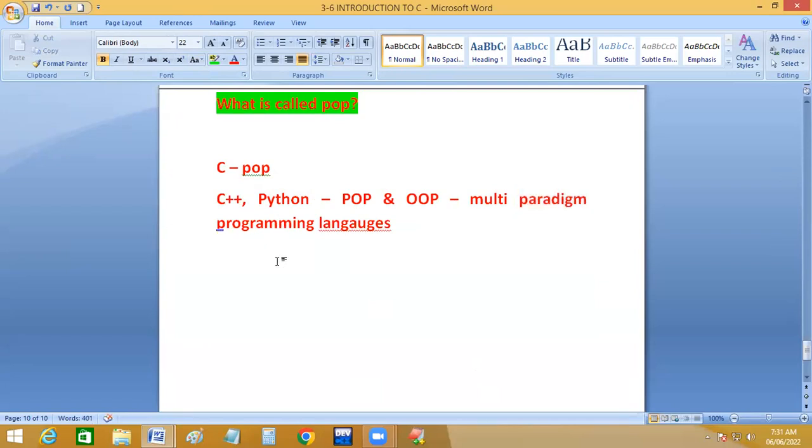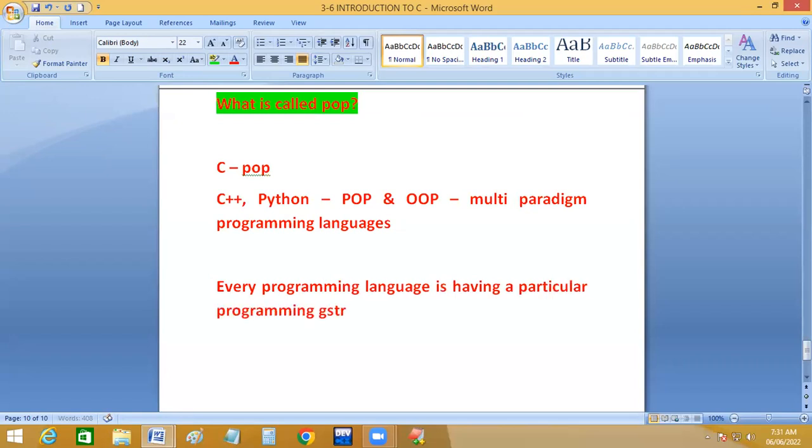First you have to know what a programming paradigm is. A particular programming structure with rules and regulations is called a programming paradigm.